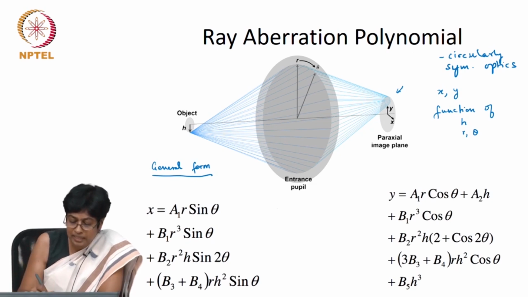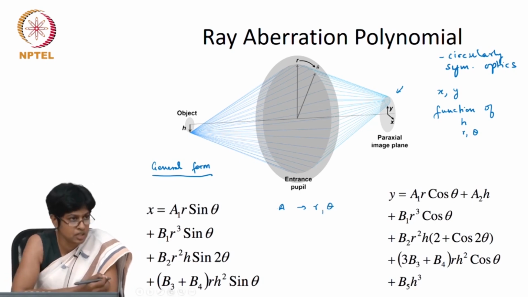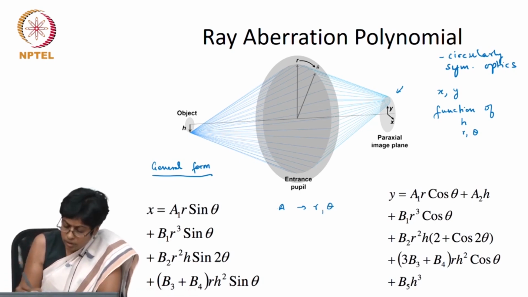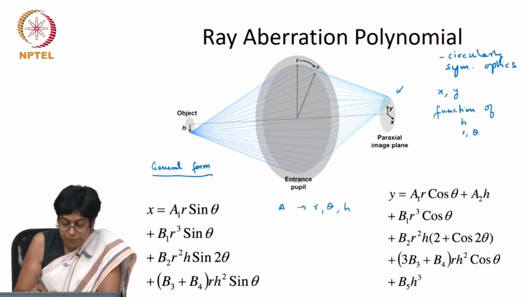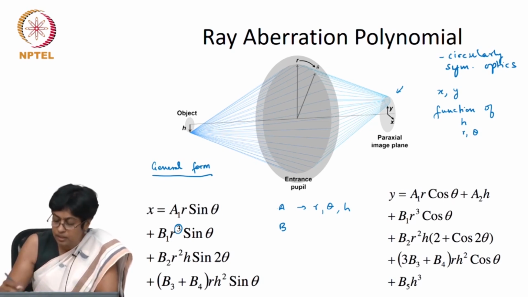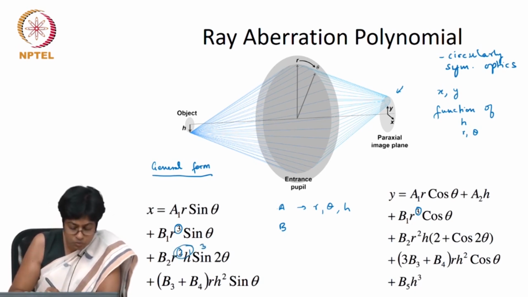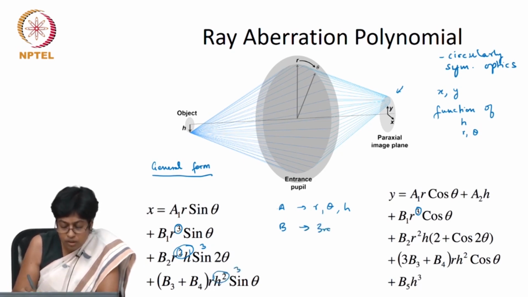And you will notice that the a terms are just a function of r and theta, some trigonometric form of theta, or of h. The b terms, if you notice, this is order 3, this is order 3, this is 2, but this is 1, so this is again order 3, right? This is 1, this is 2, so this is again order 3. So the b terms give you all the third order aberrations.